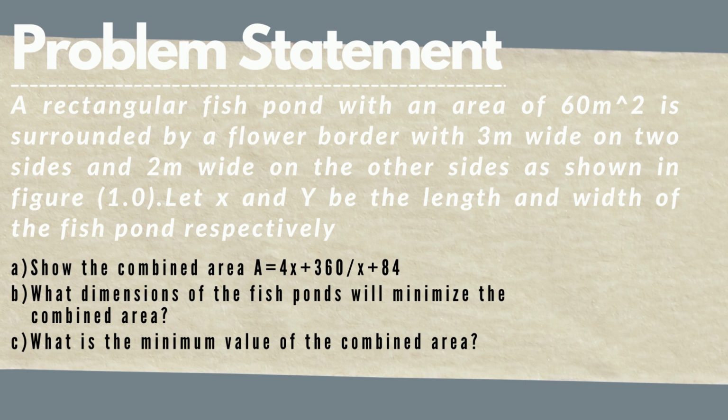Question A. Show the combined area A equals 4x plus 360 over x plus 84. Question B. What dimensions of the fish pond will minimize the combined area? Question C. What is the minimum value of the combined area?